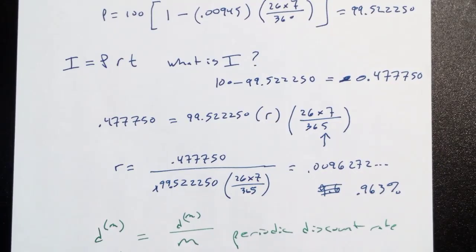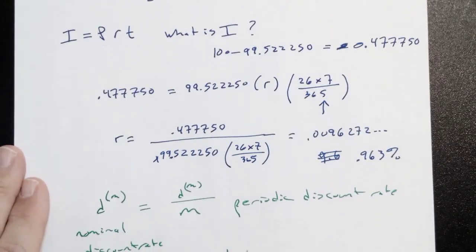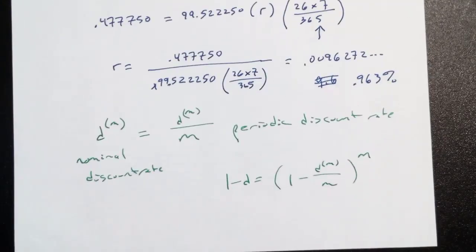But the effective annual discount rate is rare. That looks just like our interest rate effective behavior, but we don't do this a lot. You'll see some of the problems in the text are rigged to use this, so you can familiarize yourself with it, but in practice, this doesn't show up very much, even when using notes and things that are traded by discount as opposed to by interest.